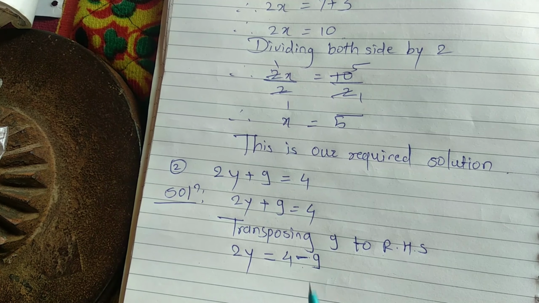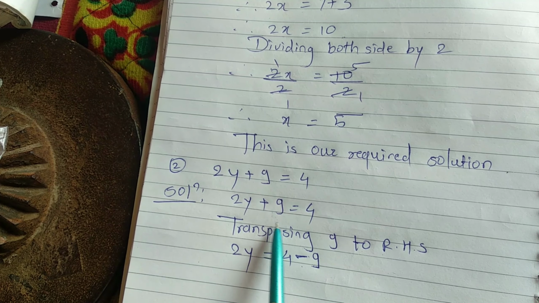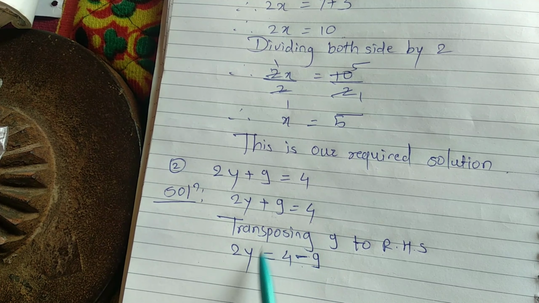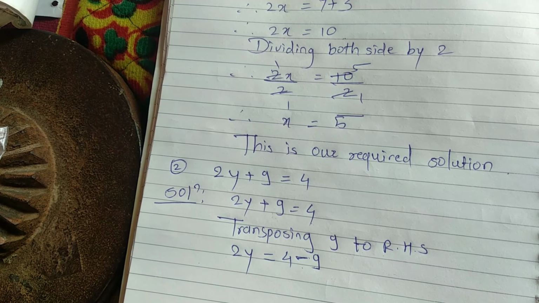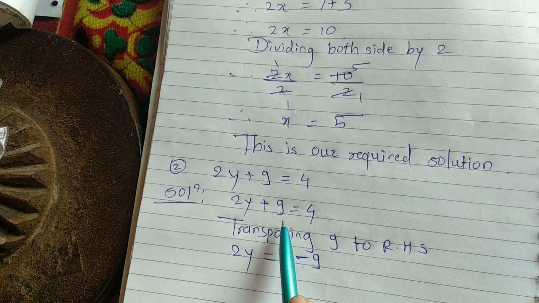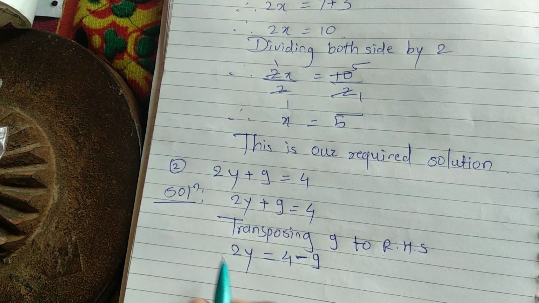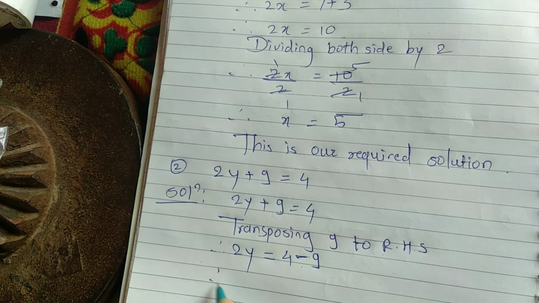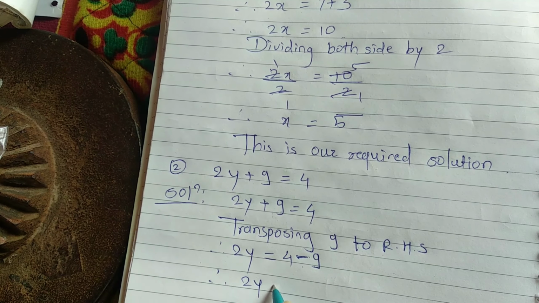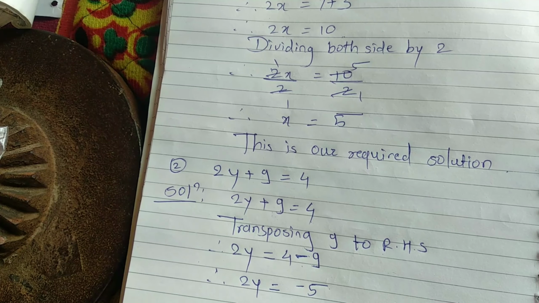How does -9 come here? When we take a term from LHS to RHS, the sign will change. So +9 becomes -9. Therefore 2y is equal to -5.